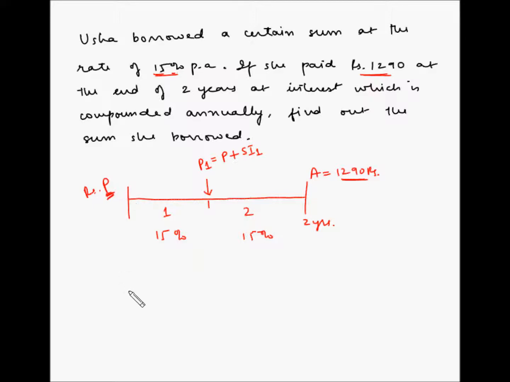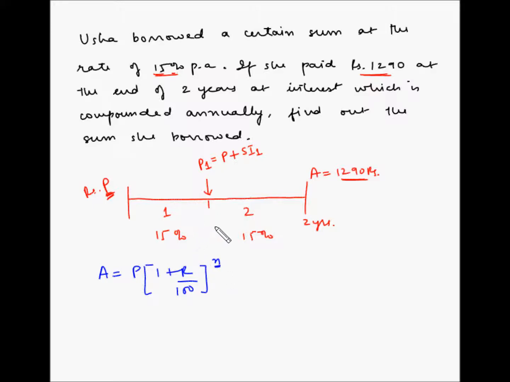is P here. Now we know that for compound interest the formula for amount is equal to P into bracket 1 plus R by 100 to the power n. Now here n is the number of time periods at the end of which interest is going to be compounded.